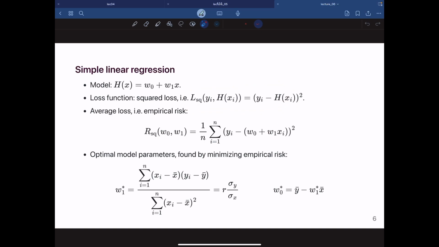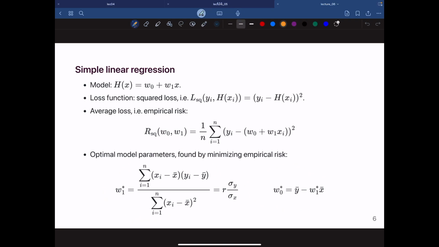What we did is we took the partial derivatives with respect to w naught and w sub 1, set both equal to 0, and solved the system of equations, which gives us w sub 1 star and w naught star. This allowed us to determine the best fit line, because we have a y-intercept and the slope for that line. So those are the key concepts here.